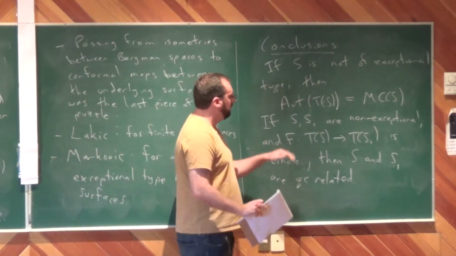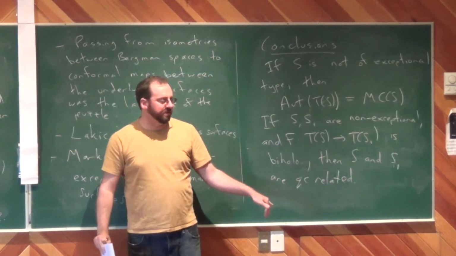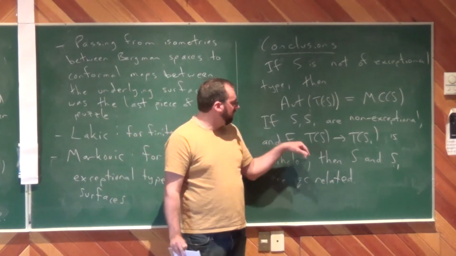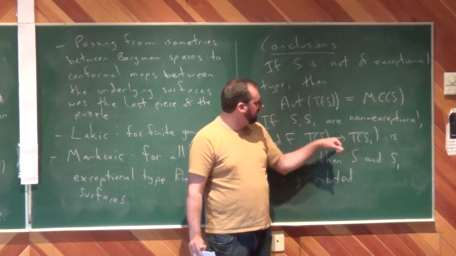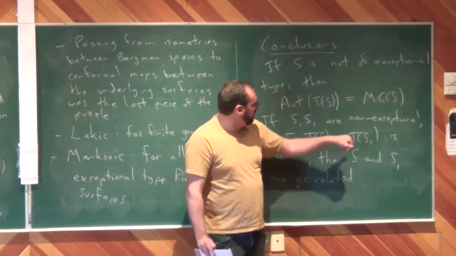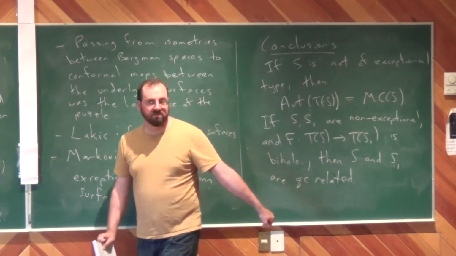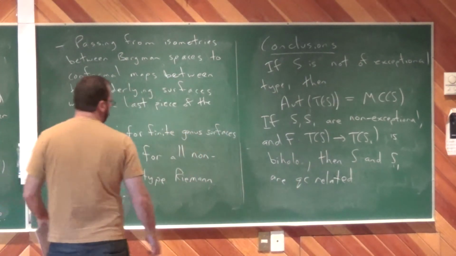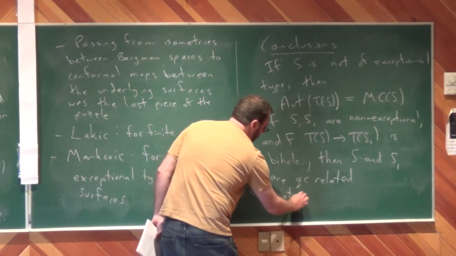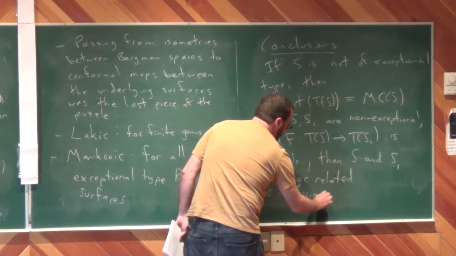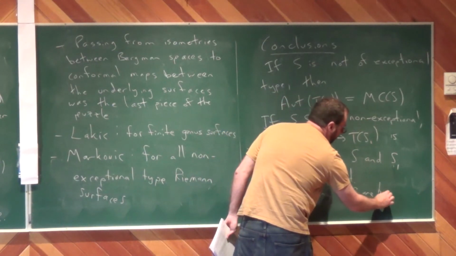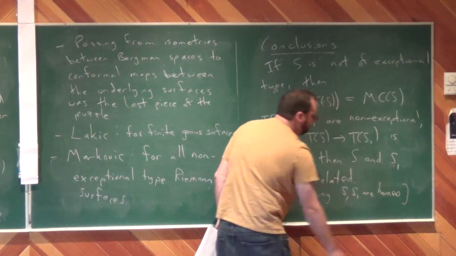The point here is that you're not even starting by saying S and S1 are homeomorphic. All you're saying is that you've got a biholomorphic map between the respective Teichmüller spaces, then that gives you that the corresponding underlying surfaces must be quasi-conformally related. So we're not assuming S and S1 are homeomorphic, but that drops out as a conclusion.